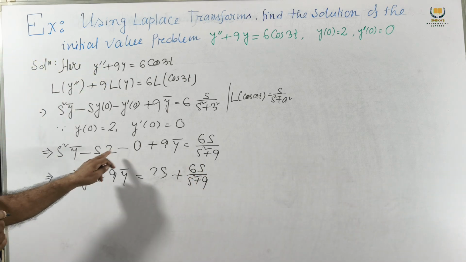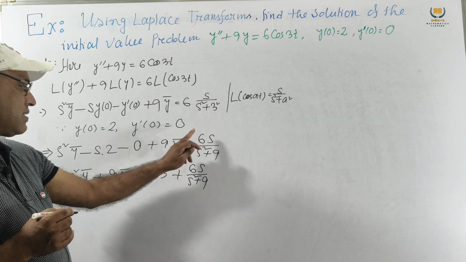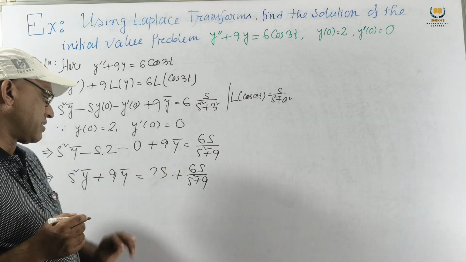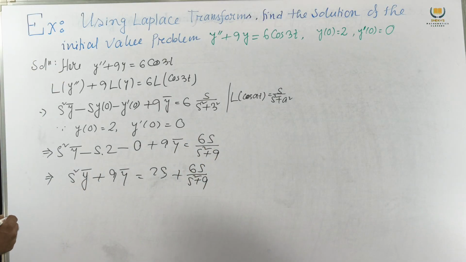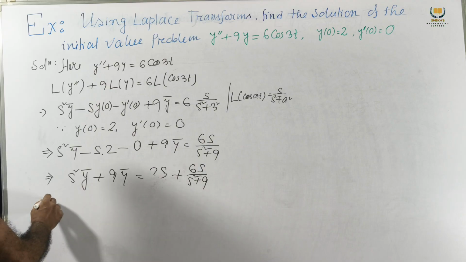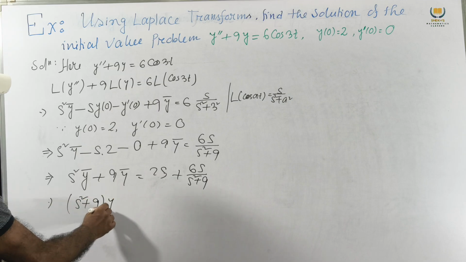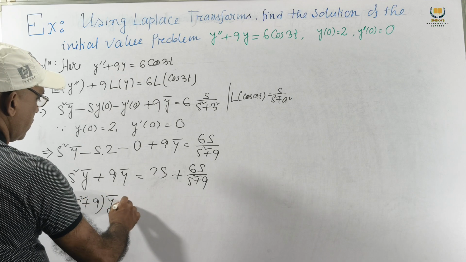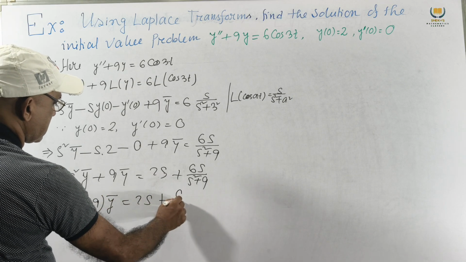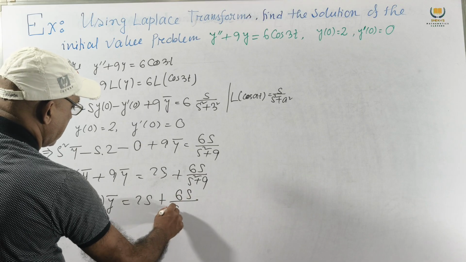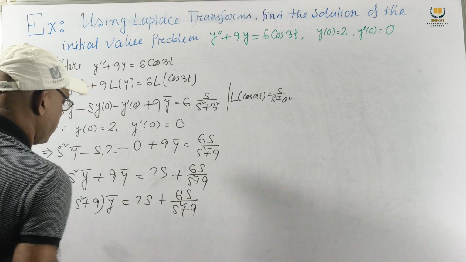Taking y bar common, s square plus 9 times y bar equal to 2s plus 6s by s square plus 9.